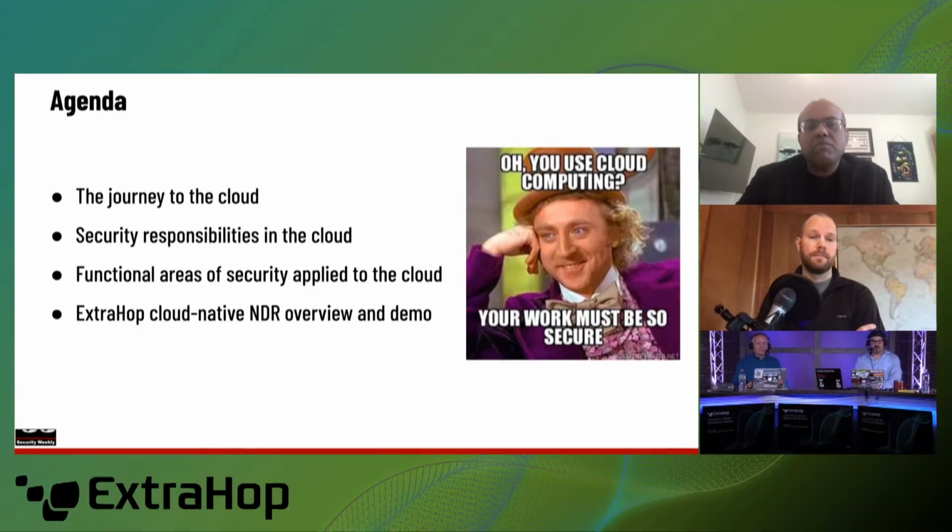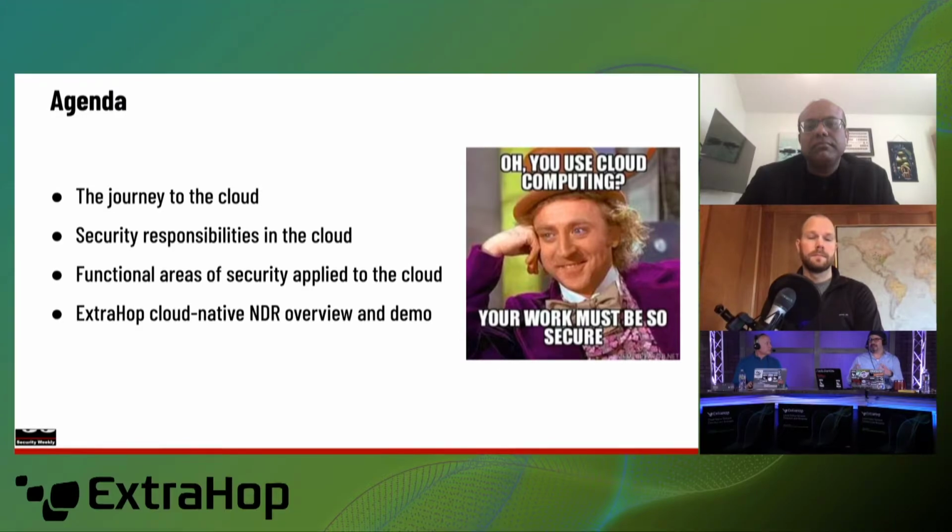Yes. So today we'll talk about the journey to the cloud, the security responsibilities, where they may or may not fall in the cloud. We've got a nice matrix on that. Our functional areas of security as we have defined them.